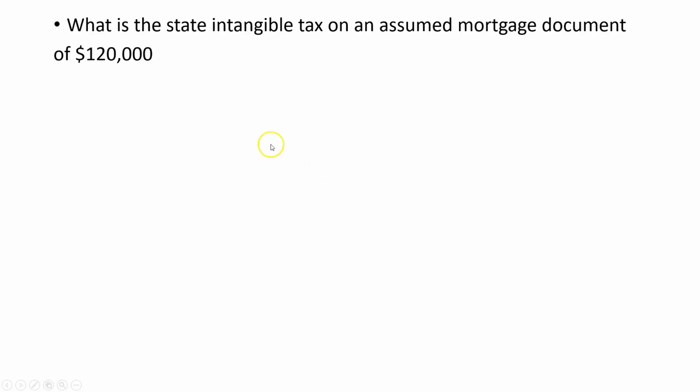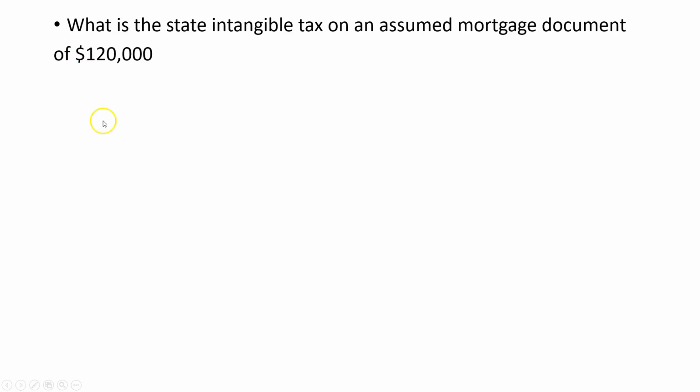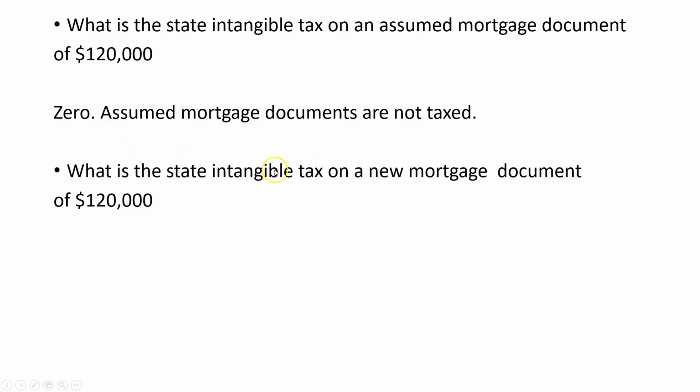So here's an example. What is the state intangible tax on an assumed mortgage document? Go back to here. Not assumed. So the answer there should be 0. Let's suppose it was a new mortgage document of 120,000. What would be the intangible tax?